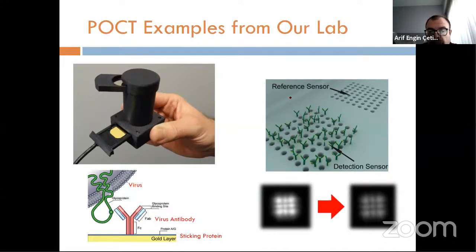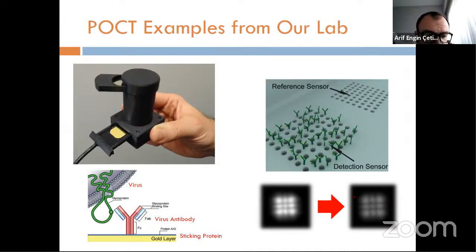These nanohole openings allow light to pass through, and this transmitted light is monitored by a camera. When a biological analyte sticks on the surface, it changes the optical properties of this plasmonic chip, and in the camera you see a reduction in the light intensity.